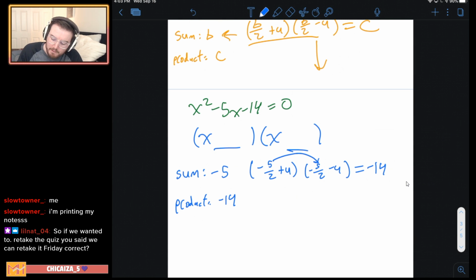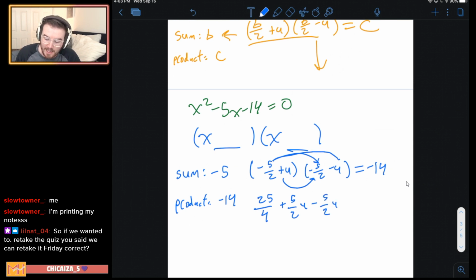So when we do -5 halves times -5 halves, that becomes positive 25 fourths. 5 times 5, 2 times 2. And then -5 halves times -u is positive 5 halves u. And u times -5 halves is -5 halves u. Again, that's how it just cancels out.